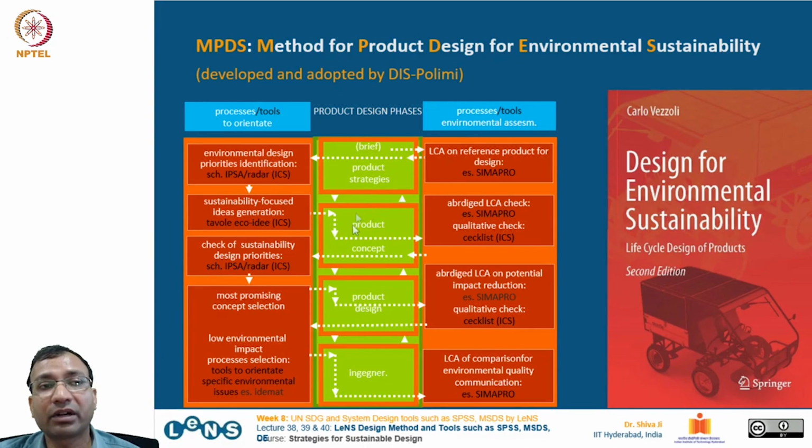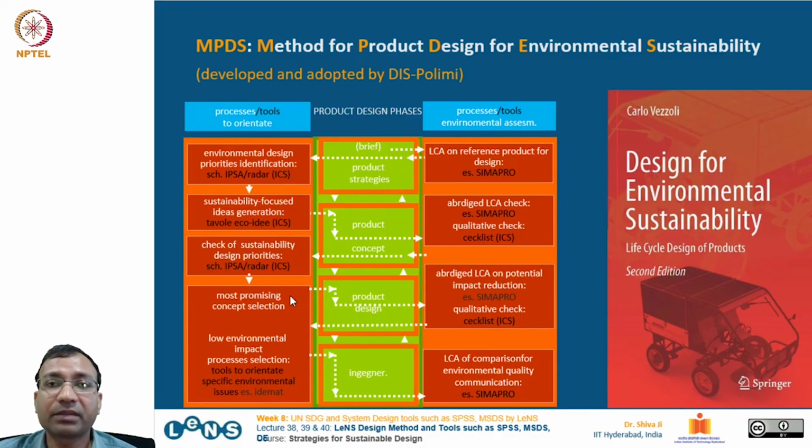Further, you can go for product concept development, and for an abridged LCA check, and further qualitative assessments also. Then you can check sustainability design priorities. You can use tools like IPSA and radar, etc., which are given on this website of LeNS.